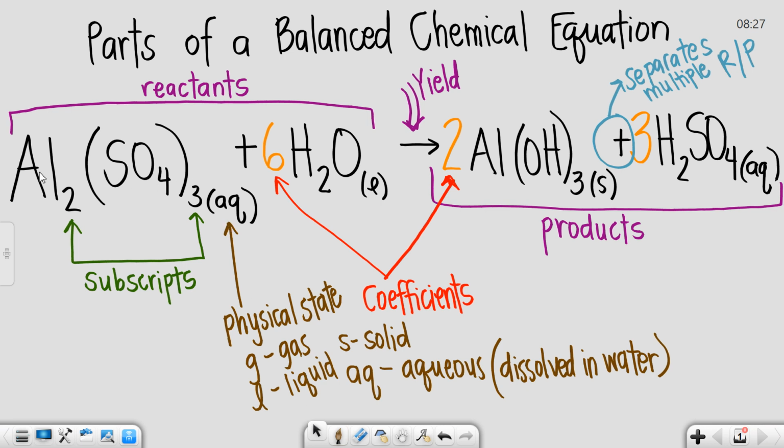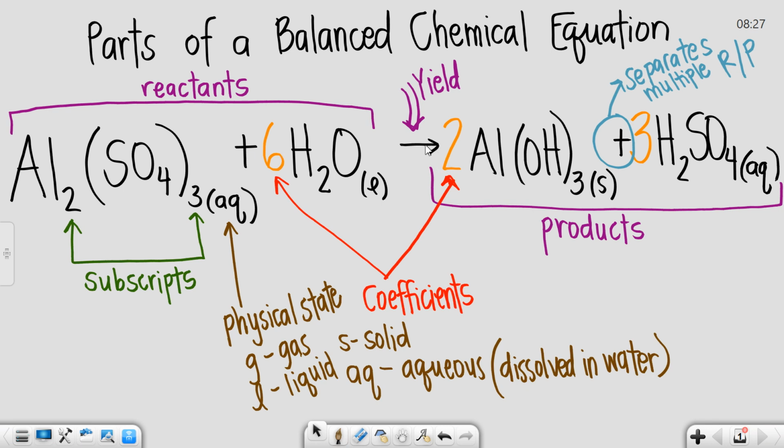If we look here, we have Al2(SO4)3, so that's aluminum sulfate, plus H2O, which is water, or you can say dihydrogen monoxide. Sometimes you may see the words "reacts with." That's the same as the plus.